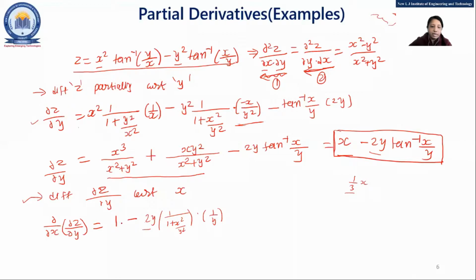Now is there any doubt in this? Anyone? Write down the simplification of that. That is 1 minus 2y, this y is cancelled out, so we can write 2y square upon x square plus y square.